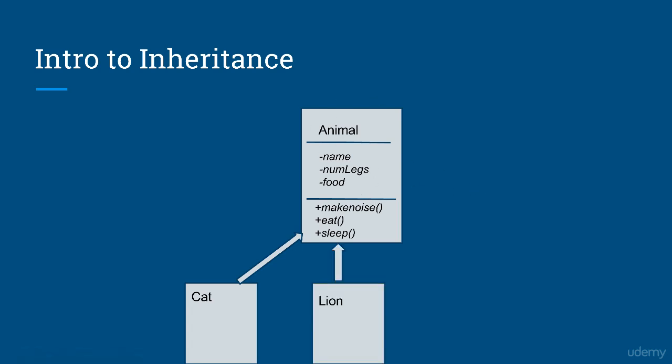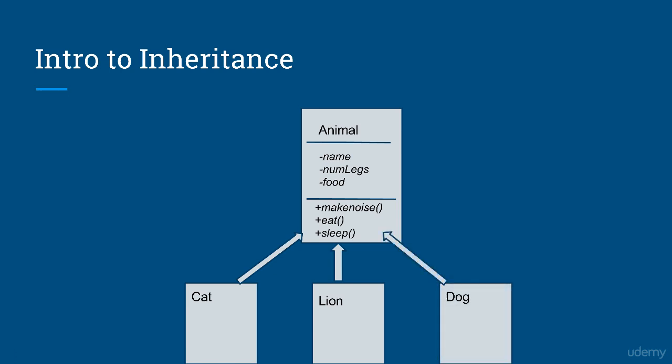We could go ahead and create another class called lion. And these are all called child classes because they are inheriting from a parent class, which is animal, right? So we know that a lion is also an animal. That would mean a lion would then inherit from animal. We could keep going.